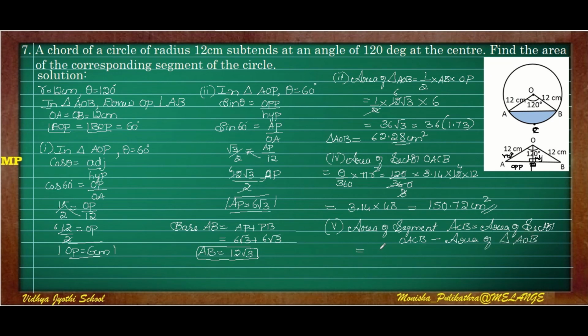So area of sector OACB is 150.72 centimeter square minus area of triangle 62.28. So the final answer is 88.44 centimeter square. So this is area of the minor segment.